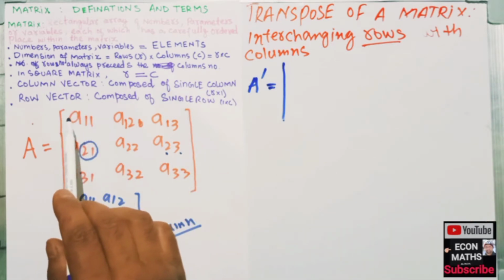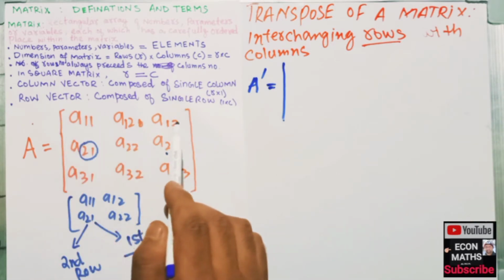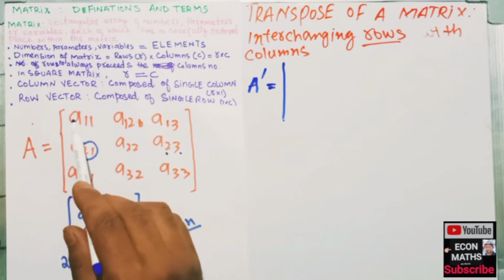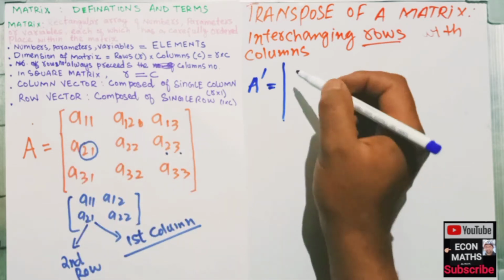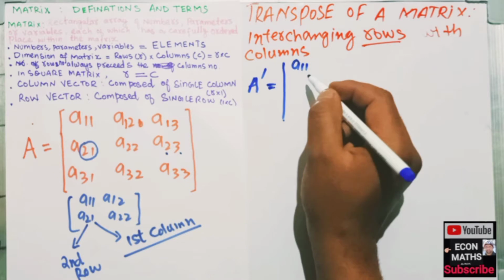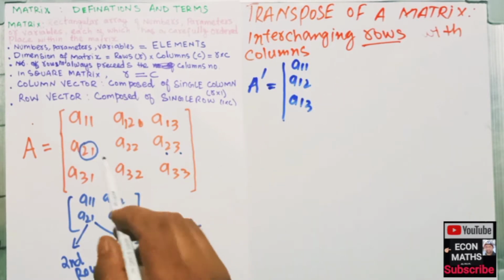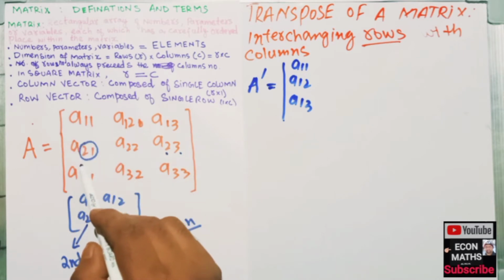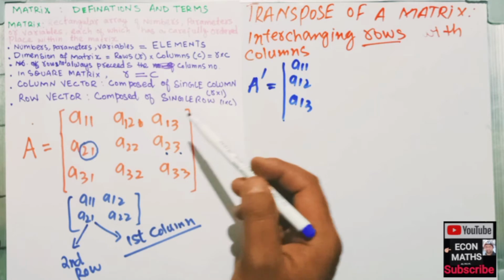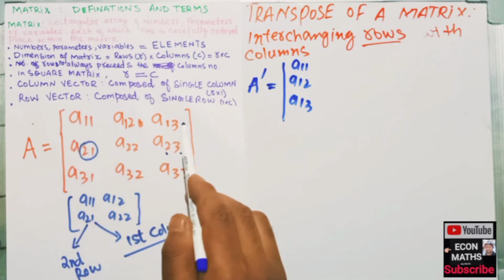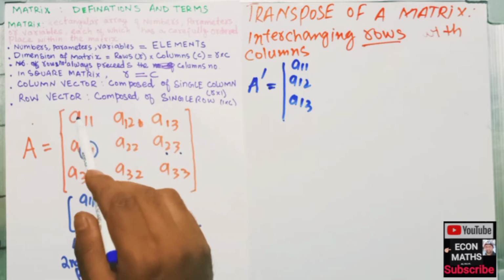If I have here the rows, and I interchange them with columns, these rows will become the columns. So here it will become A11, A12, A13. We have placed rows in place of columns, and we have replaced columns with rows. These were the rows, and we have placed them in columns.